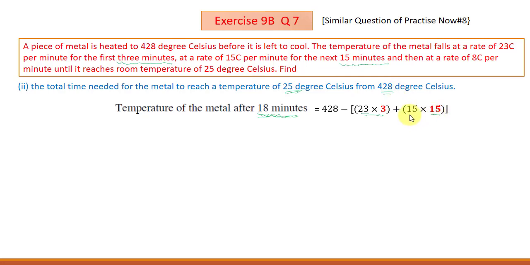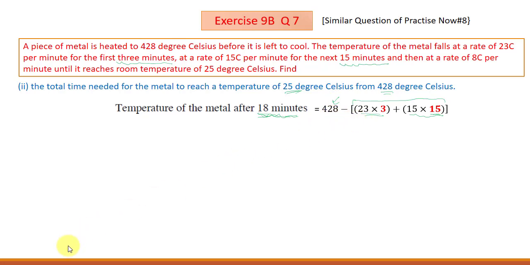So this is what we have written over here. As you can see, 15 and 3 together is 18 minutes. That's why we have written 18 over here. So all this shows the fall in the temperature. Fine. So we will subtract it from the maximum temperature, which was 428.